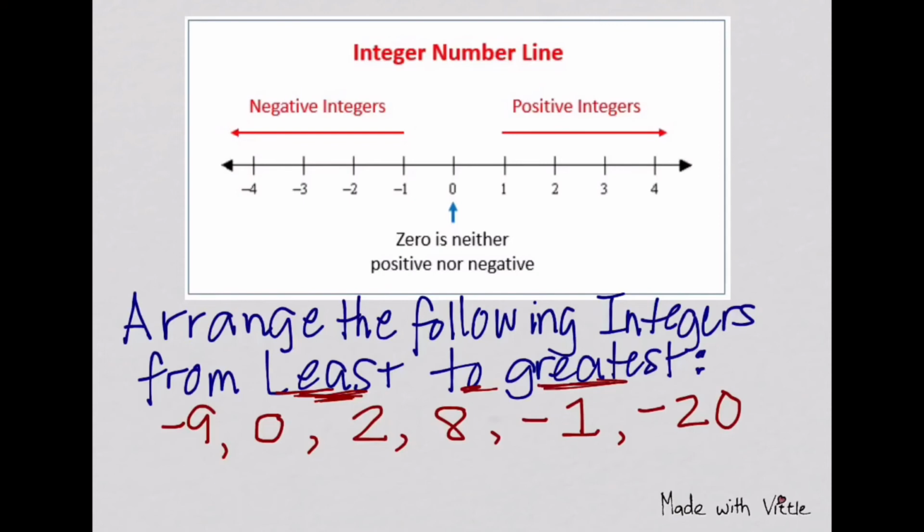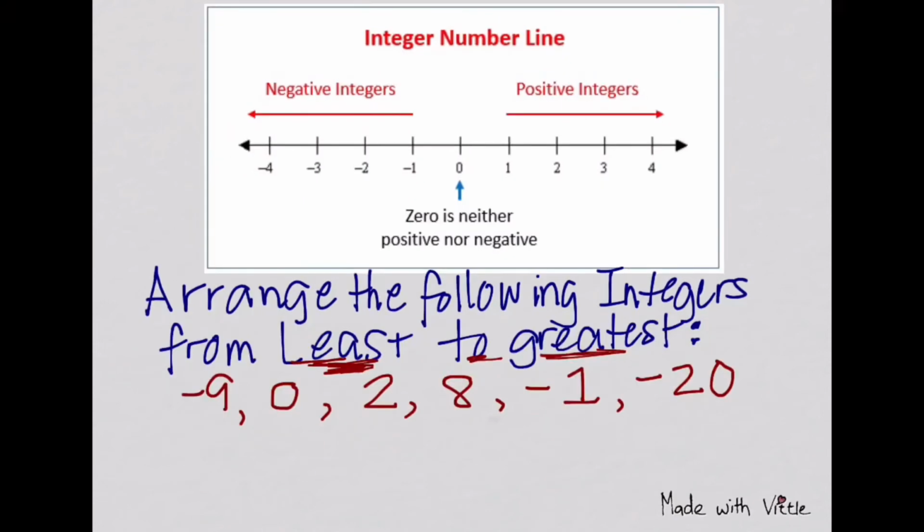Look at the set of numbers given: negative 9, 0, 2, 8, negative 1, and negative 20. Now look at your number line. Where will you place all these numbers? Imagine which one will be farthest to the left and which one will be farthest to the right.